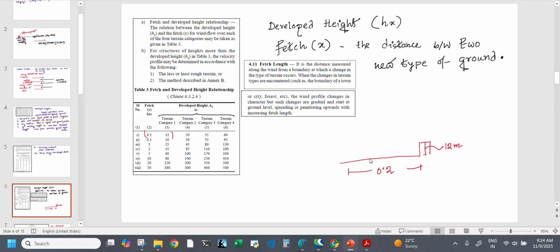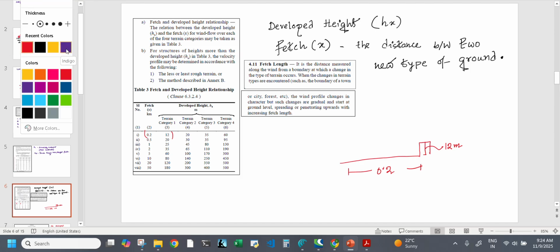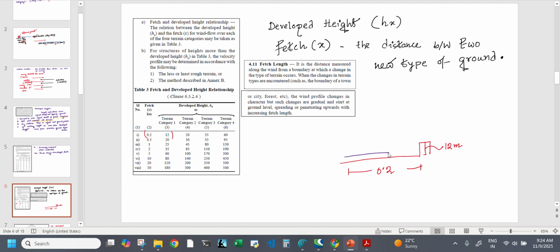The wind is trying to move like this, and in this part, hx, the velocity of the wind depends upon the old terrain category, and this part is now the new terrain category.